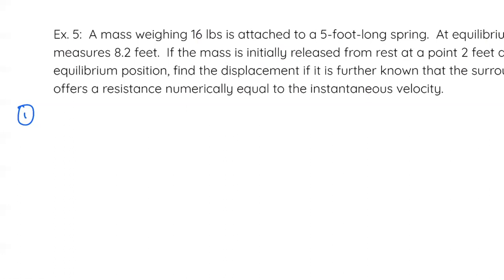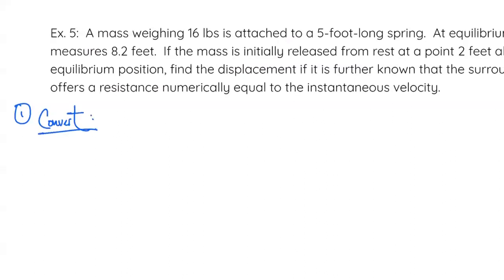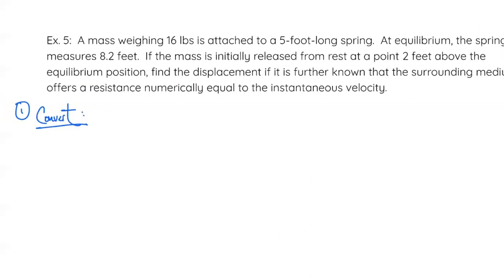All right. So let's take a look at what we have. What might we need to convert? We have a mass weighing 16 pounds attached to a 5-foot long spring. 5-foot long spring is totally fine, but I already know I'm going to have to find the mass, which is the weight divided by gravity. So I'll get 16 over 32.